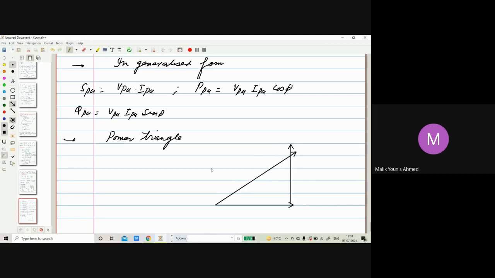Okay, I'm drawing up to here only. So this we know is phi. This is S per unit, Q per unit is the perpendicular, P per unit is the base. That's all. So that's all for today.